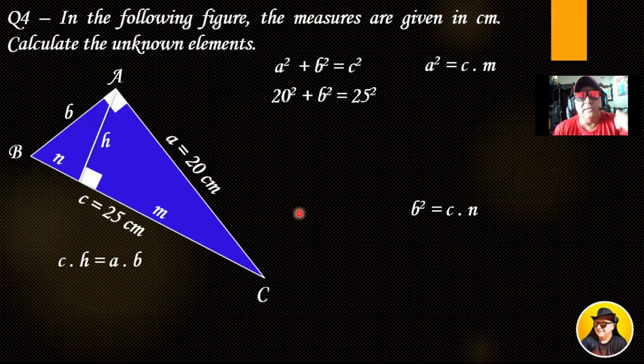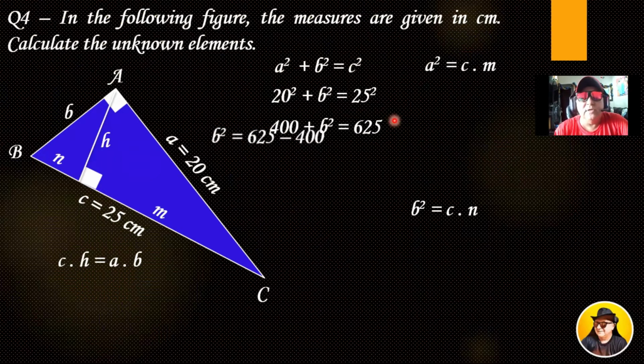20 squared plus B squared is 25 squared. Well, 20 times 20 is 400. 25 times 25 is 625. All right, so let's calculate B like this. This 400 here comes to the right side of the equation, using the opposite operation.